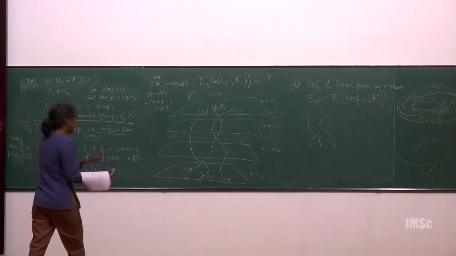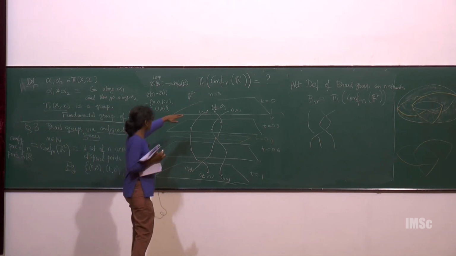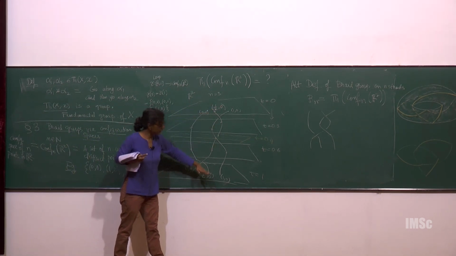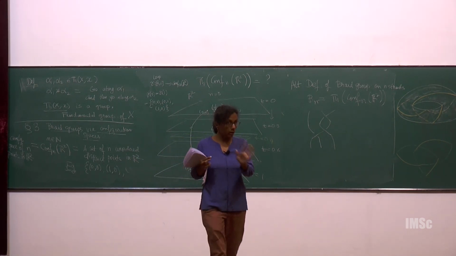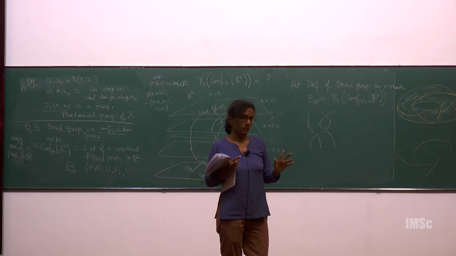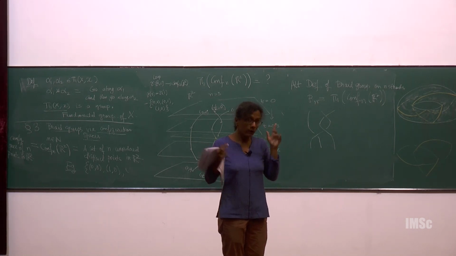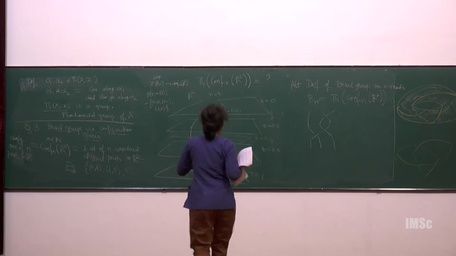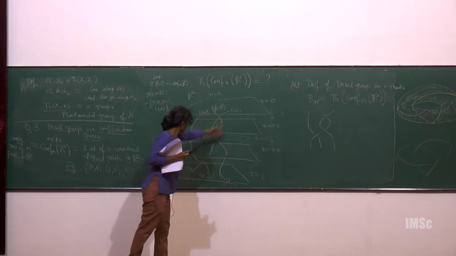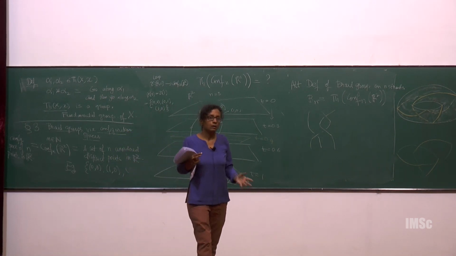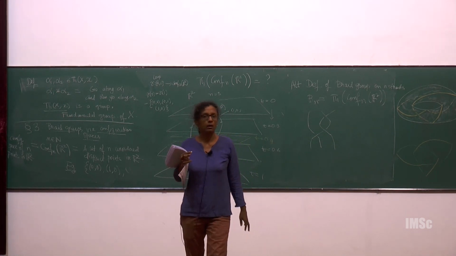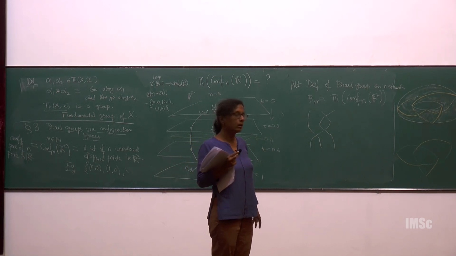Yes, a braid is not a loop, but this one is a loop because the starting and ending points are the same. As an unordered set, they are the same; as an ordered set, they are not. That's why the unordered is important, because something starting from here can end up there, because the order doesn't matter. No, madam, your 1 comma half comma 0 ends in 0 comma 0.